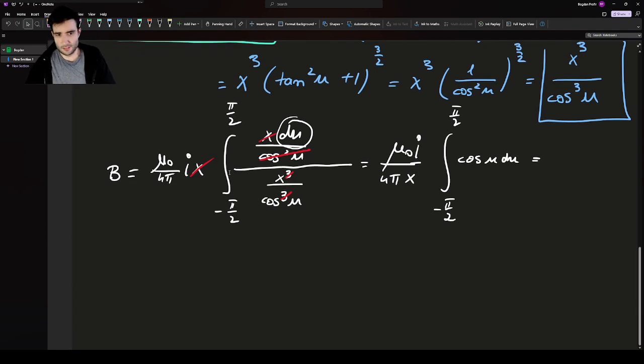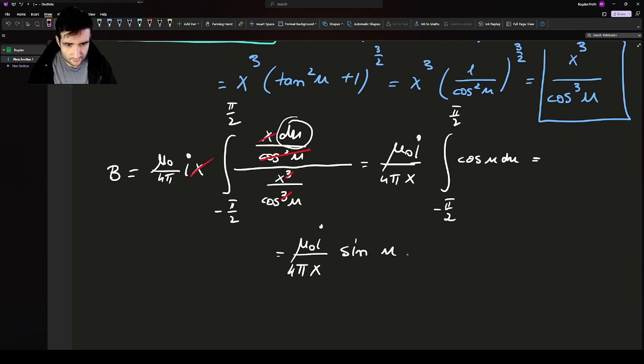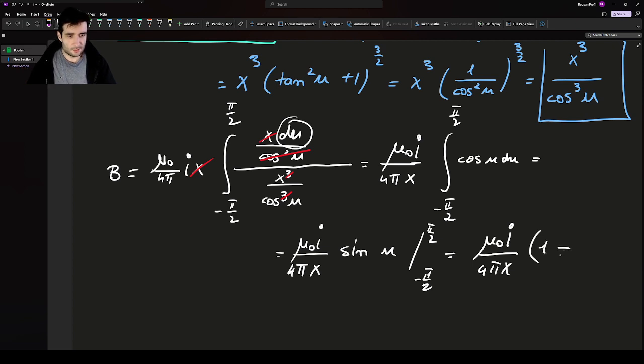And that's a very simple integral, so that's just sine. We have mu 0 I over 4 pi x times sine of u from minus pi over 2 to pi over 2. Sine of pi over 2 is 1, sine of minus pi over 2 is minus 1, so this becomes 2.